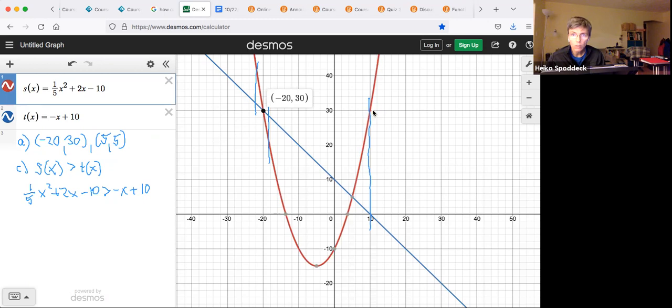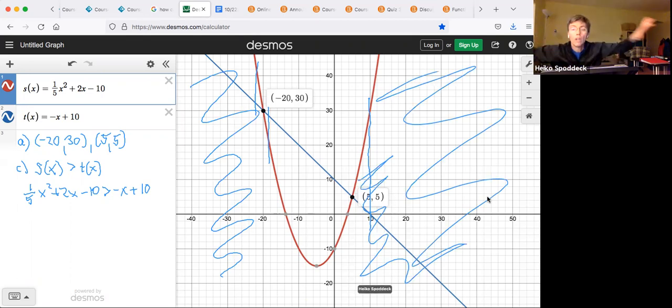Hello? Not clicking. Oh, I'm sorry, I'm on the wrong spot there. Here we go, right of our point of intersection. So that means the entire area here and the entire area here, and all of this going on to both negative and positive infinity.